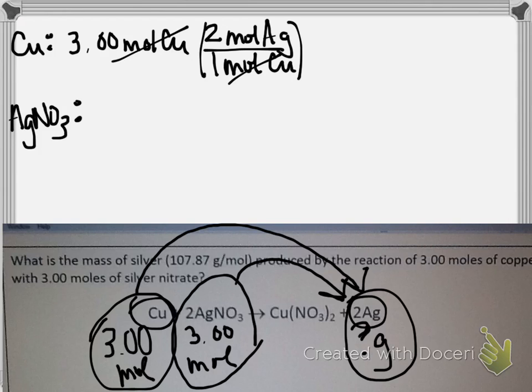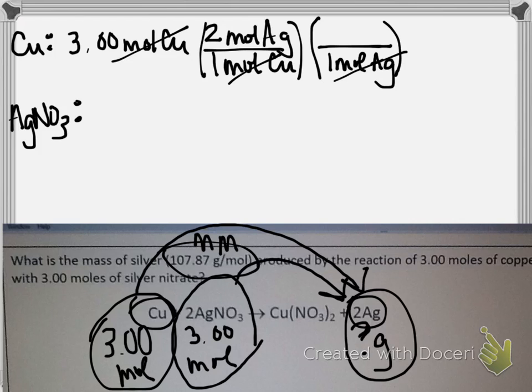Then from my moles of silver, I can calculate how many grams of silver that would make. In the problem, we're given the molar mass of silver, so we can convert moles of silver to grams of silver, canceling those out, using that molar mass.